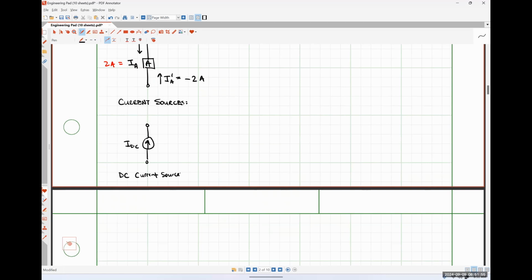So we have a circle once again. The arrow indicates the direction of current flow. And then I'm using capital letters to represent that this is a DC quantity.